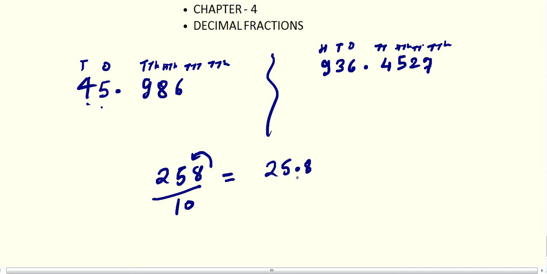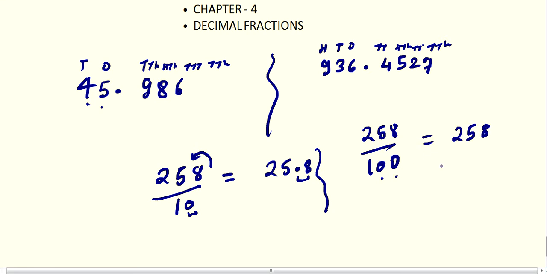After the decimal you have one place and here 1 0, so your answer is correct. Similarly, if I divide 258 by 100, in this fraction I have two zeros. First I will write 258 as it is. Two zeros means from the last I have to start. So 1, 2. So 2.58 is the required answer.